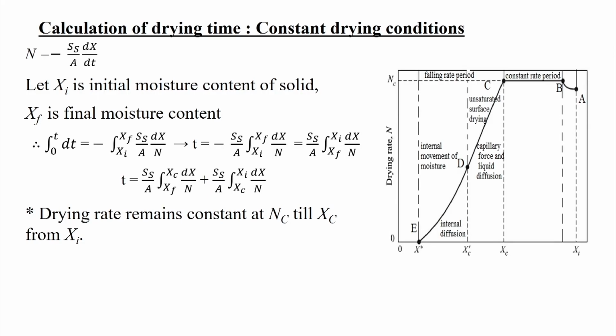Integrating this equation from 0 to t, with respect to minus Ss by A dX by N, we get t in terms of Ss by A and N. The drying rate remains constant at Nc from Xi until Xc, where Xc is the point when the constant drying rate stops.